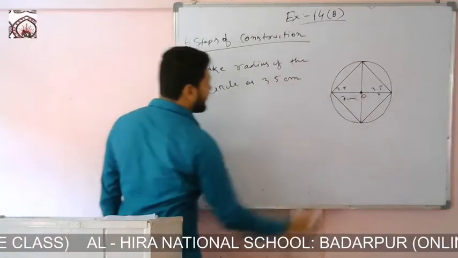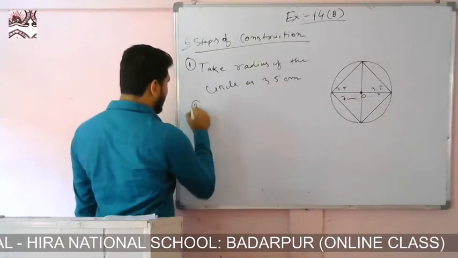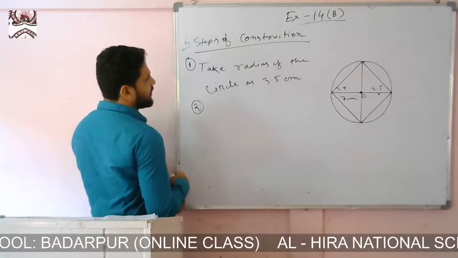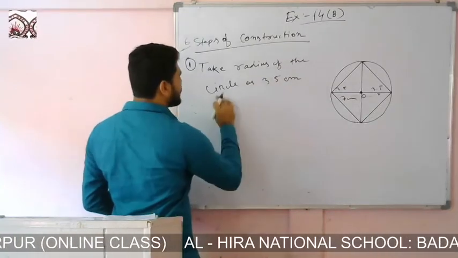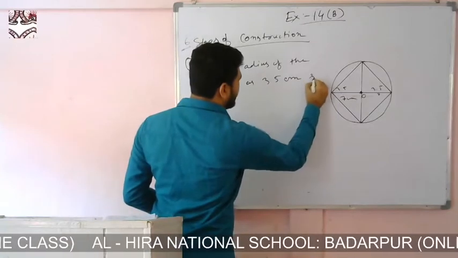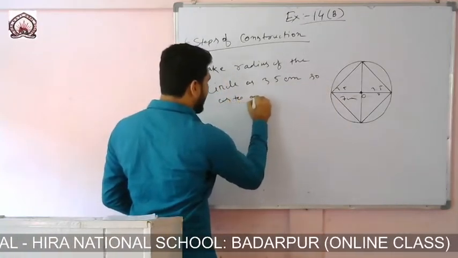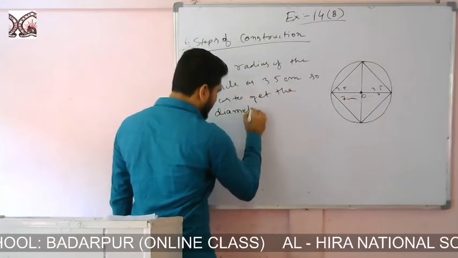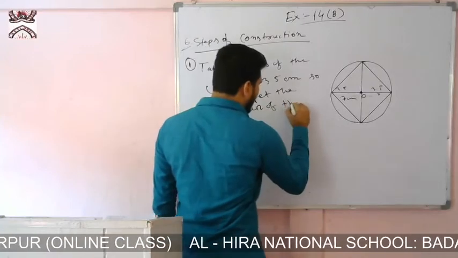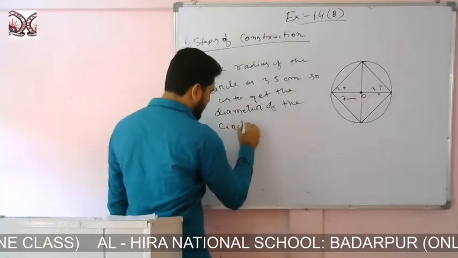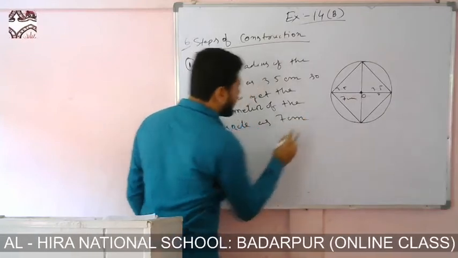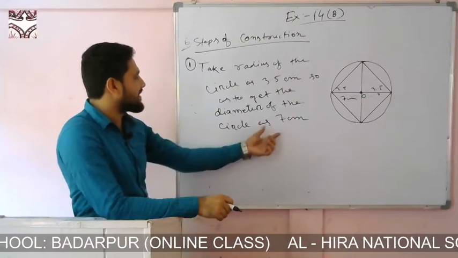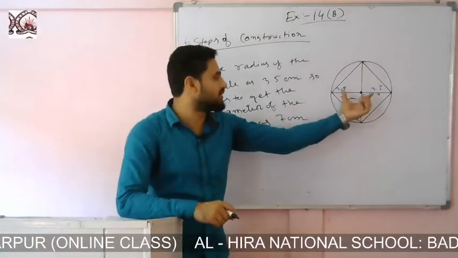As I said earlier, take radius equals 3.5 centimeter so as to get the diameter of the circle as 7 centimeter, because we have to draw a circle with diameter 7 centimeter.